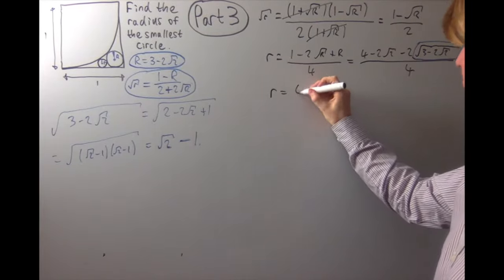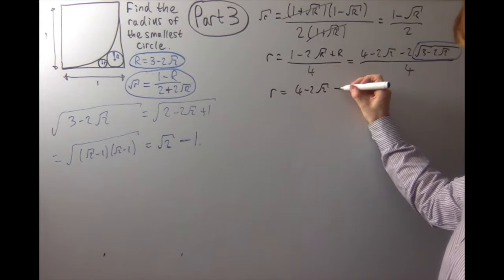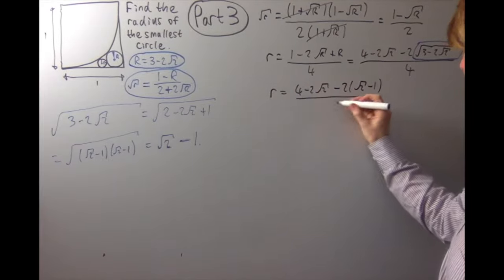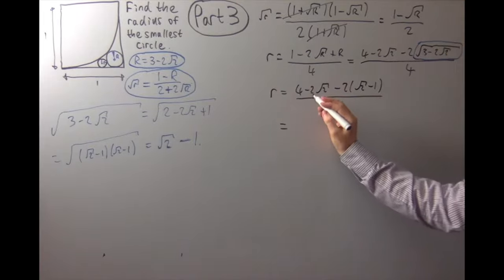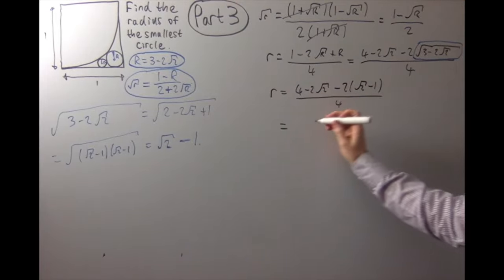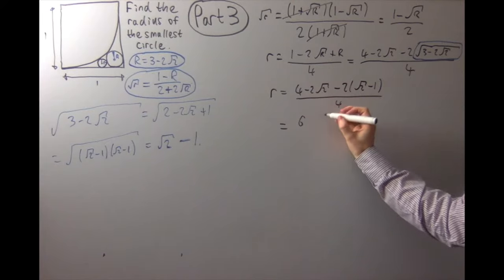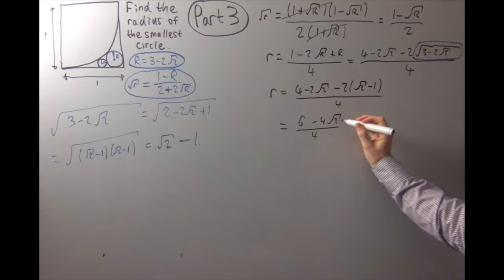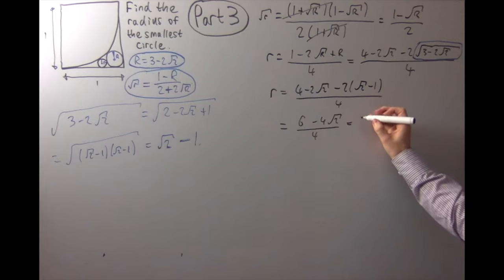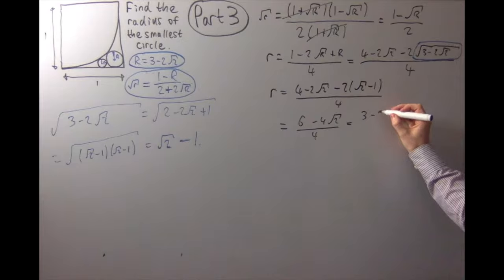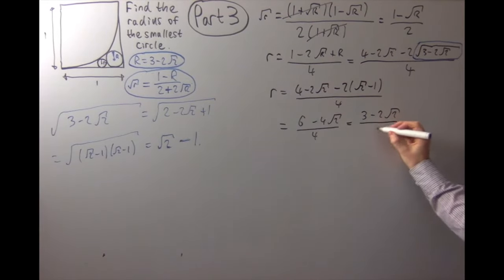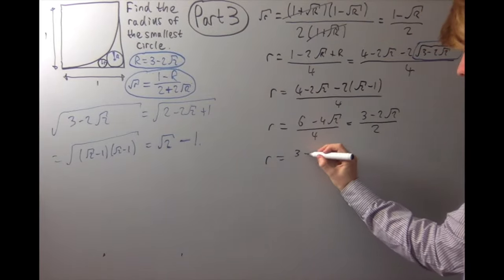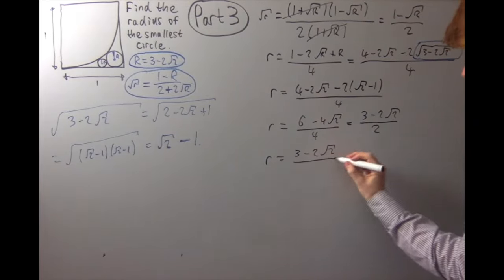So r is equal to 4 minus 2 root 2 minus 2 root 2 minus 1 all over 4, which gives me 6 minus 4 root 2 all over 4, and then I can rewrite this as 3 minus 2 root 2 over 2. So r is equal to 3 minus 2 root 2 all over 2.